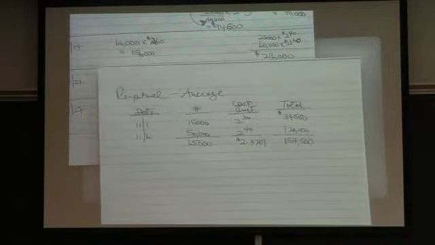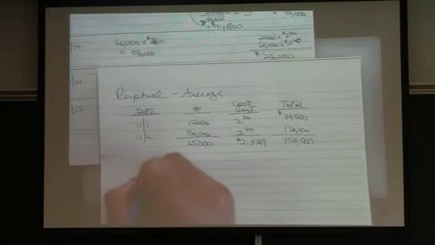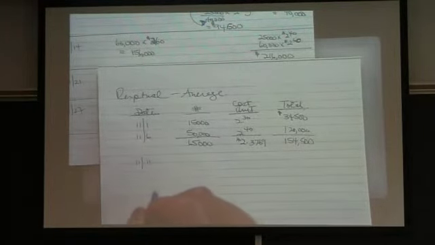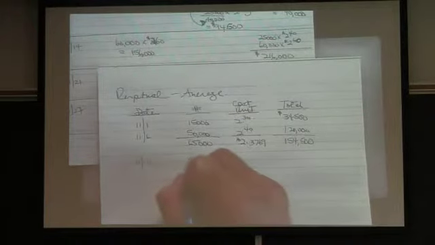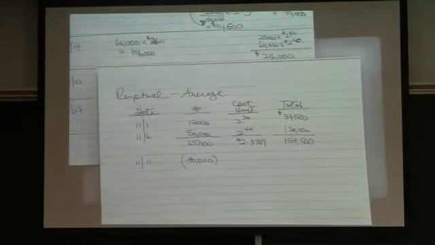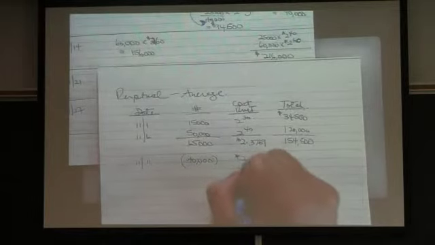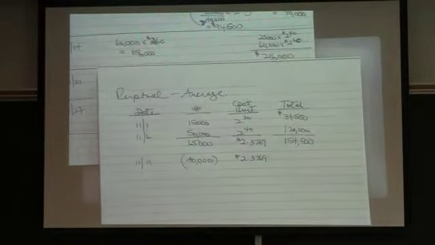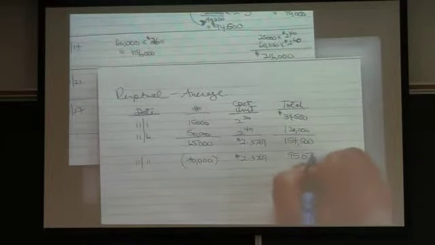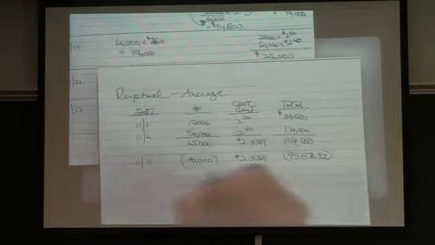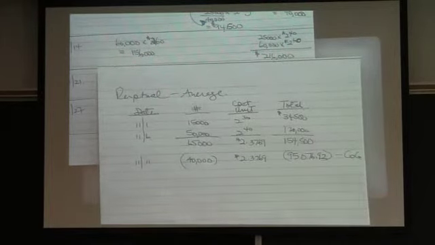Okay? Now, we had a sale on November 11th. We sold 40,000 units, and we're going to cost it out at $2.3769. That gives us 95,076.92. This is my cost of goods sold.